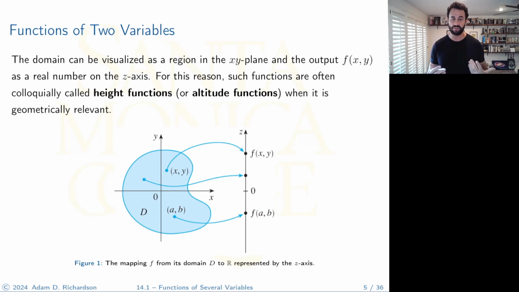This is one of the reasons why a lot of times these are called height functions, or maybe more appropriately altitude functions, when it's geometrically relevant. The idea is, if you've got a point down here on the plane, can you tell me how high up I should go from that point? And maybe how high I go up varies depending on where I am on the plane. That's the basic geometric intuition for it.